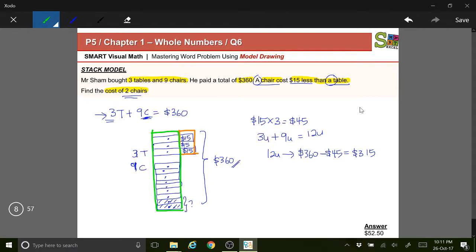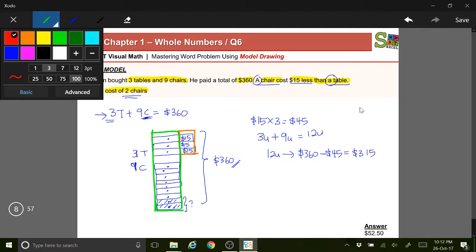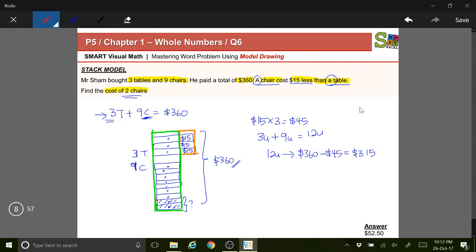Now you need to find the 2 units. How do we get the 2 units? We usually find 1 unit first. Some schools ask the kids to do it as 1 unit, but with my students, I strongly encourage them to go straight away to find 2 units.